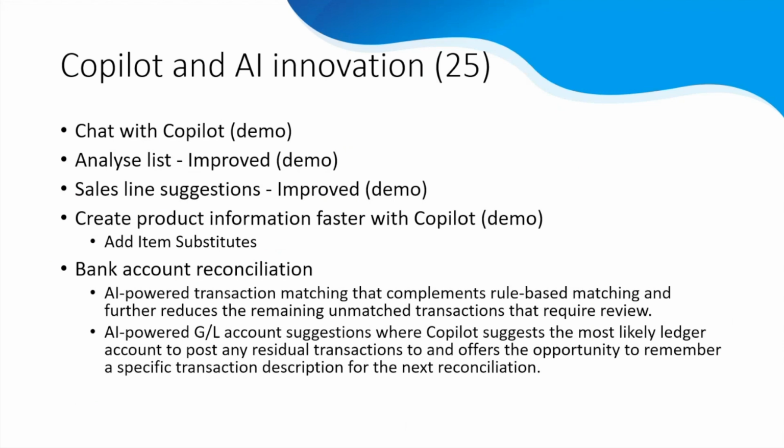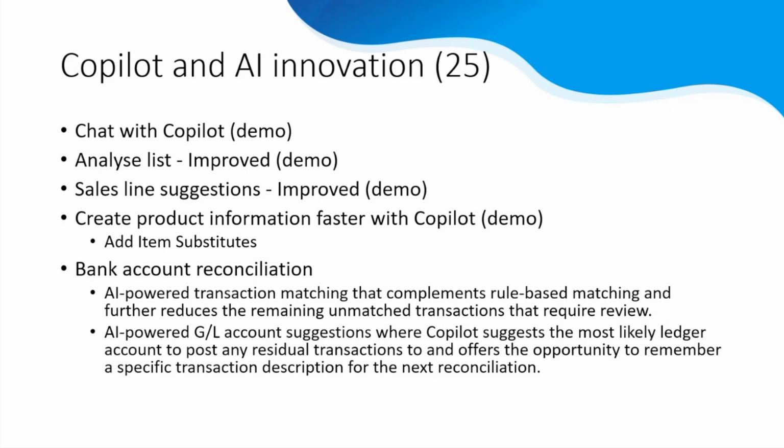I'm just going to mention the next one on bank account reconciliations as well. The bank account reconciliation assistance with AI has also been enhanced with transaction matching, with rule-based matching now included as well, to remain the unmatched transactions.